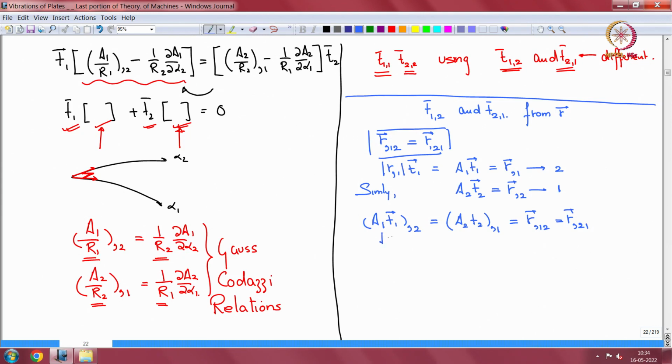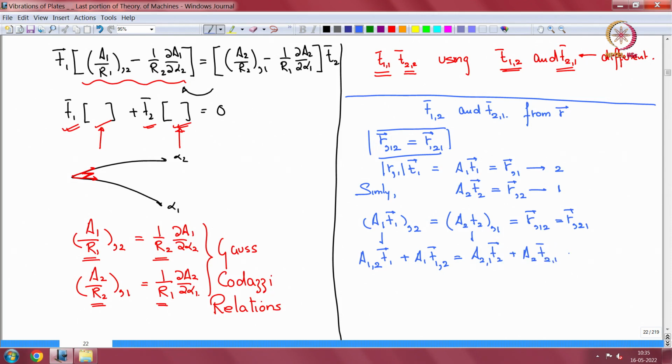Now, if we carry out the differentiation, A1,2 T1 plus A1 T1,2 is equal to A2,1 T2 plus A2 T2,1.